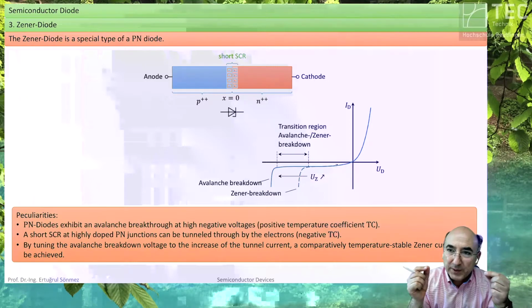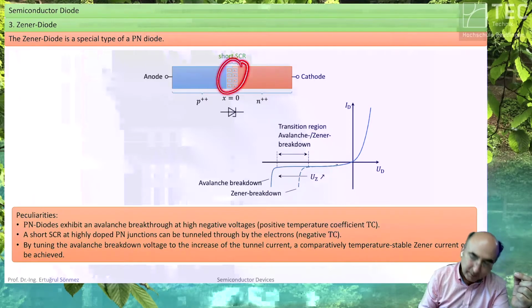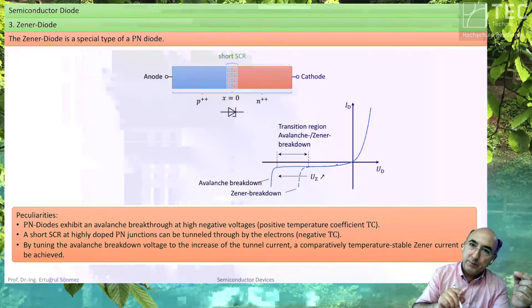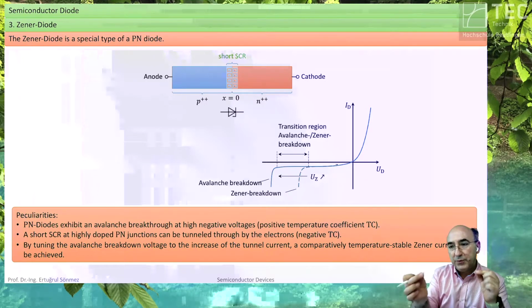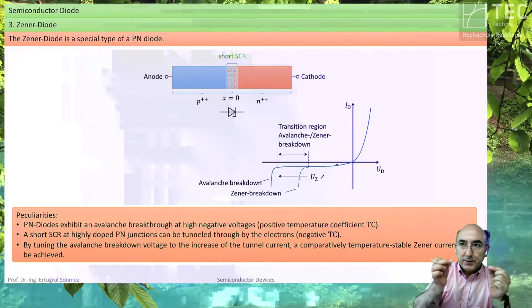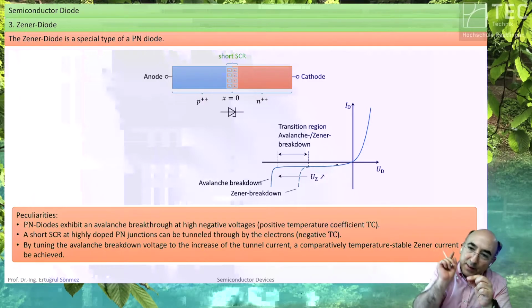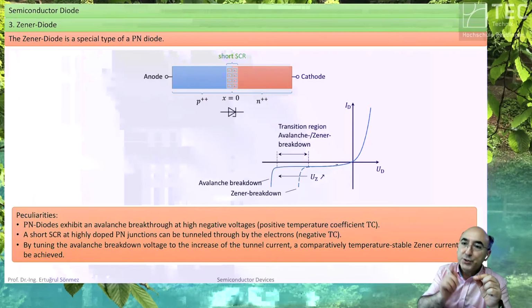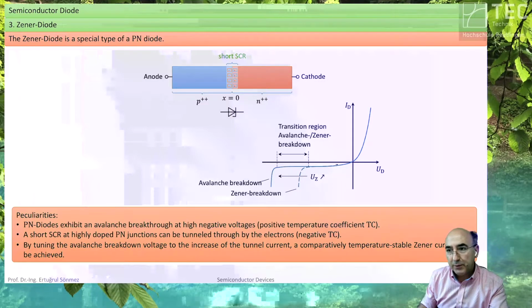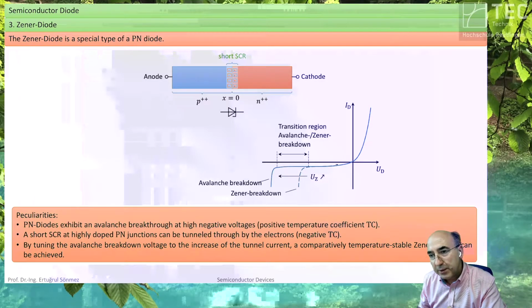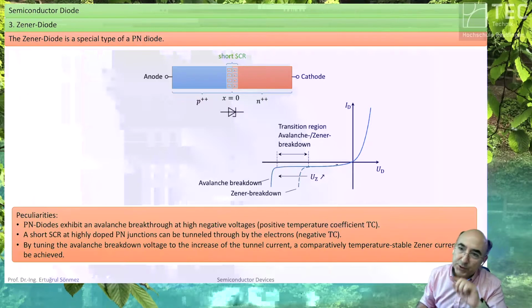Now, if you design your doping level in such a way that these two coefficients just zero out, then you have a voltage source in breakdown direction. Then your voltage for your breakdown does not change as a function of the temperature.